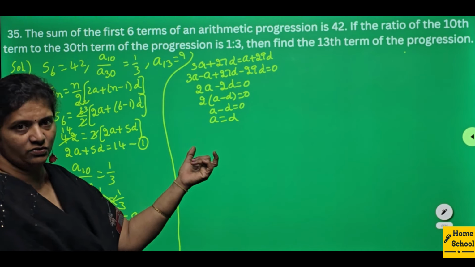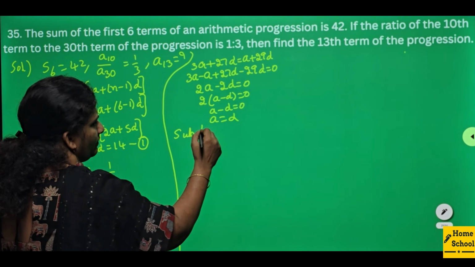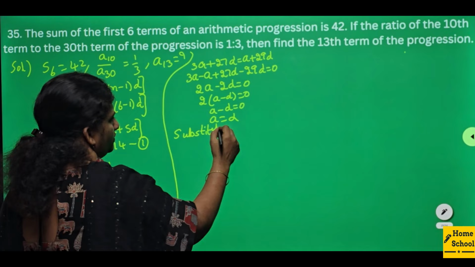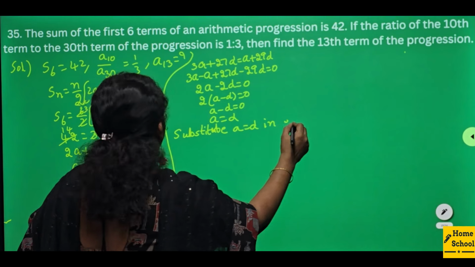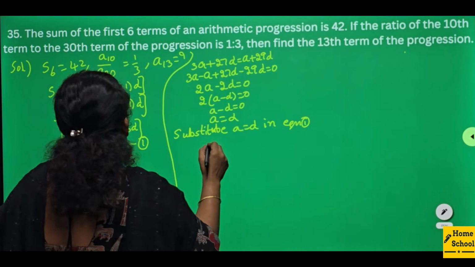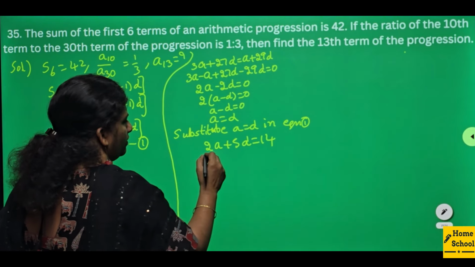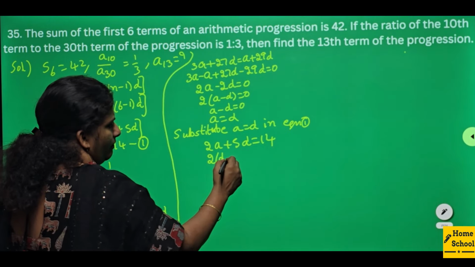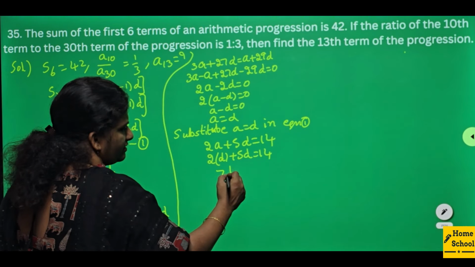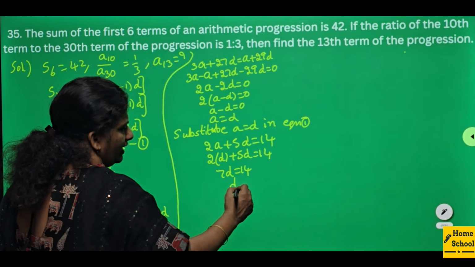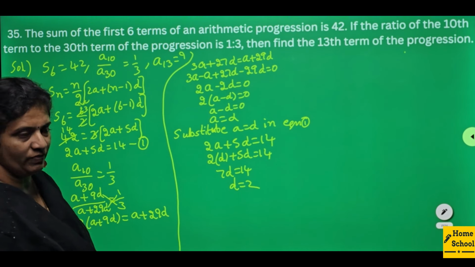Now, this a value substitute in the first equation. Substitute a is equal to d in equation 1. 2a plus 5d is equal to 14. 2 into d plus 5d is equal to 14. 2d plus 5d will be 7d. 7d is 14, then d is equal to 14 by 7, that is 7 2s are 14, d is 2.